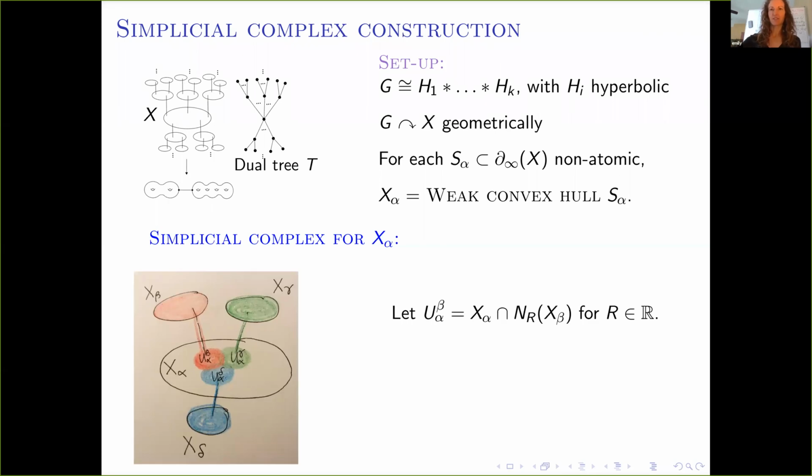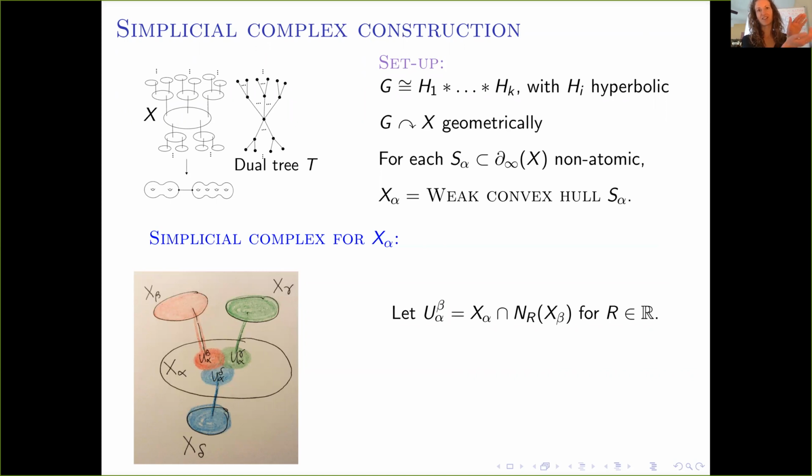Okay, so sorry for a little more notation, but we do the following. Let U alpha beta be the intersection of the space X sub alpha with the R neighborhood of X sub beta. So you take neighborhoods of the weak convex hull X sub beta until it intersects X sub alpha.